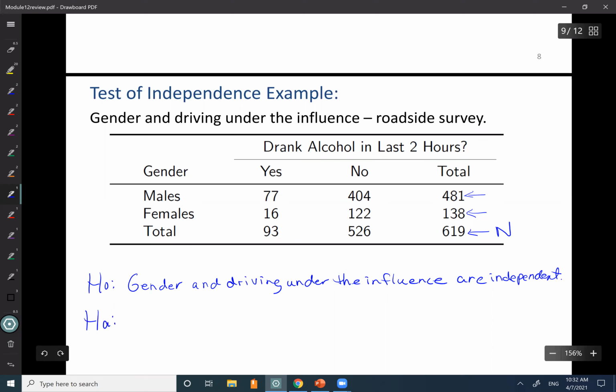Versus the alternative hypothesis, which is that gender and driving under the influence are not independent, i.e., they are dependent. So they would have done this test.